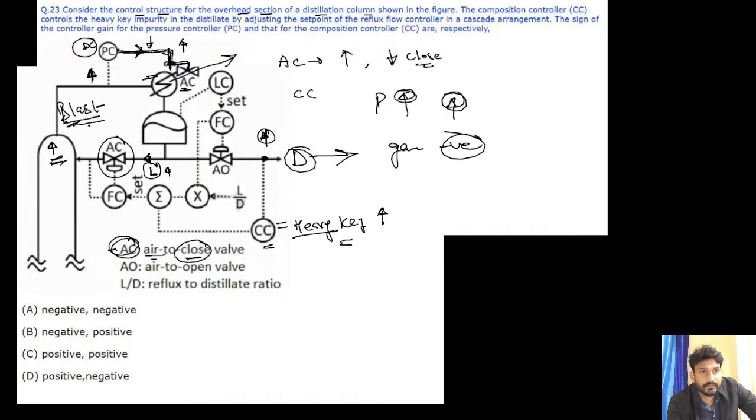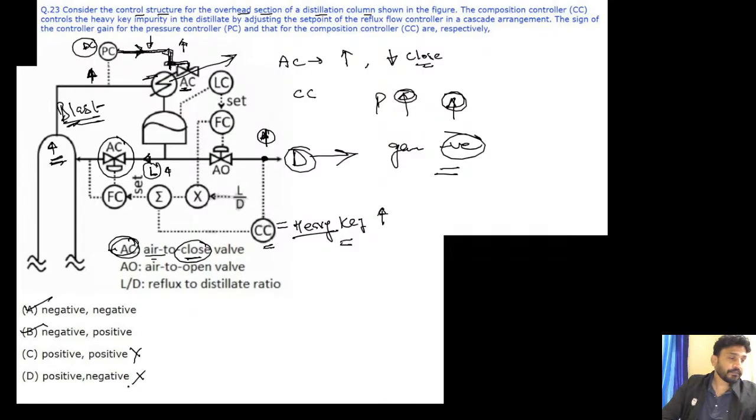I think this must be a blast condition, right? So this PC must have negative gain. Right, so it may be possible that this may be the answer or this may be the answer. These cannot be the answers. Yes, done.